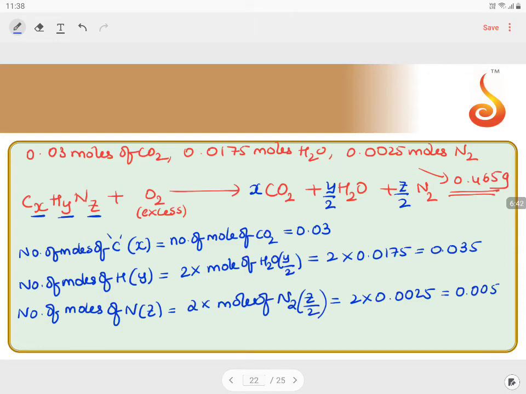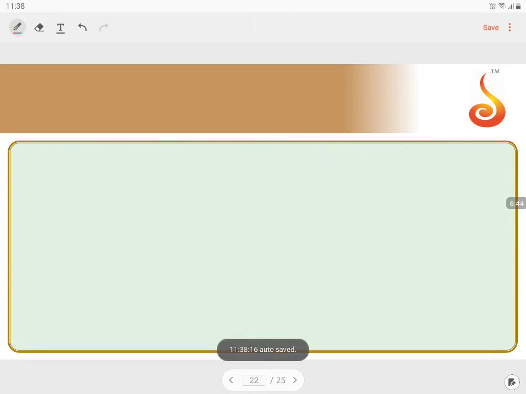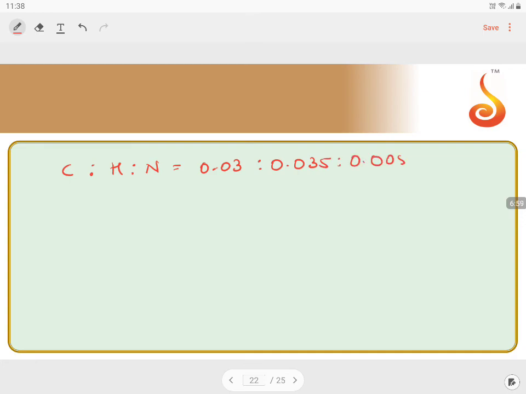Now the ratio of carbon to hydrogen to nitrogen is 0.03 to 0.035 to 0.005.